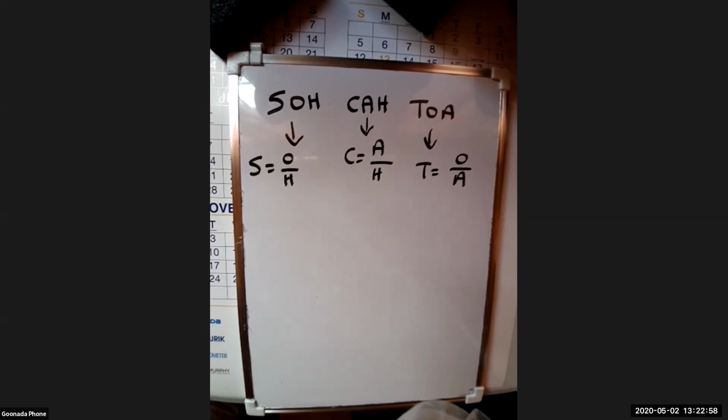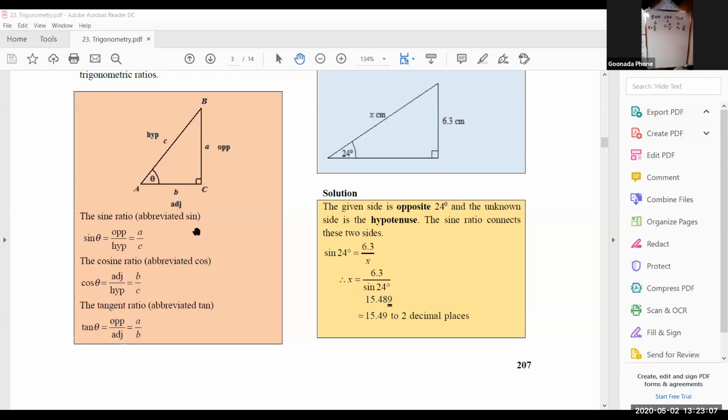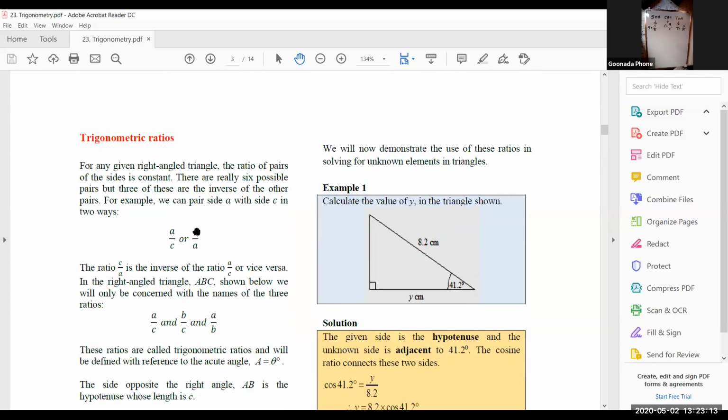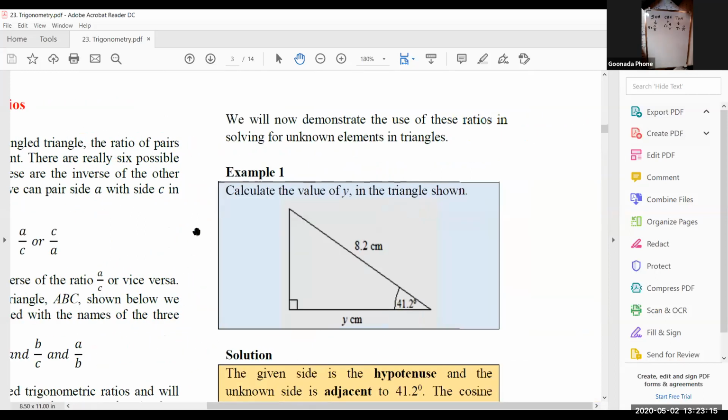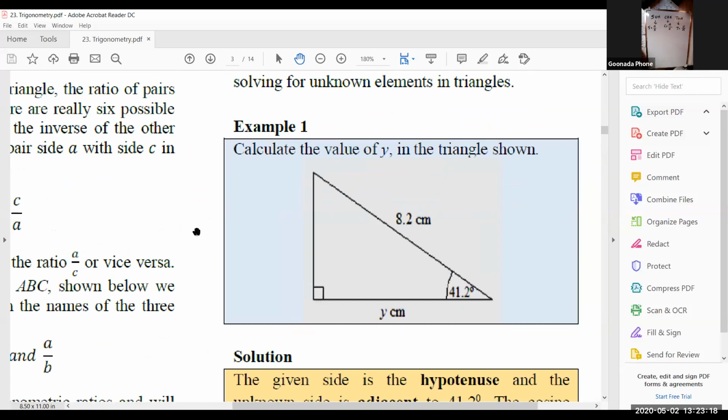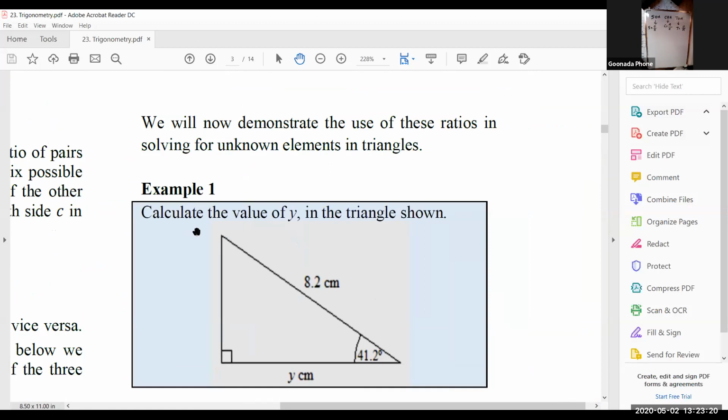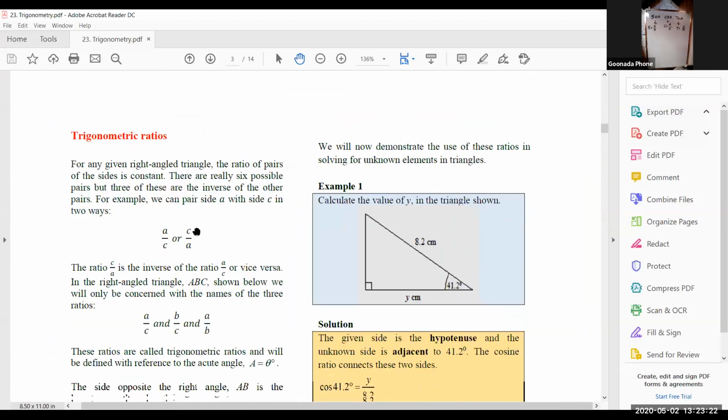Okay, let me switch back. Let us see this example here. Calculate the value of y in the triangle shown. Let us see what we are given here.